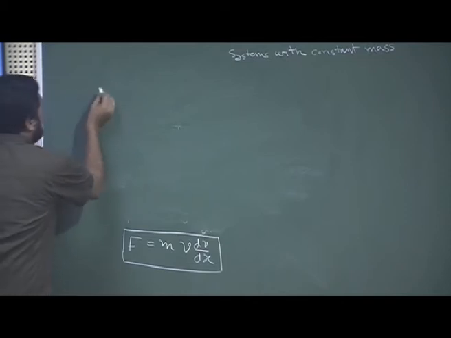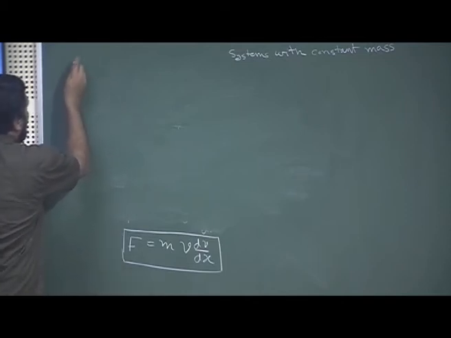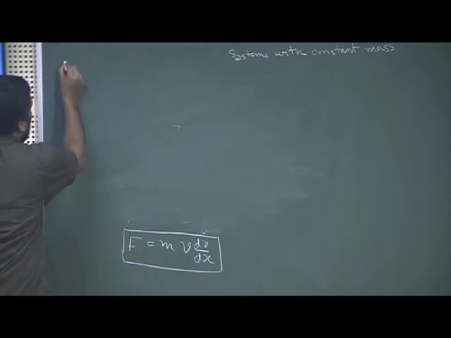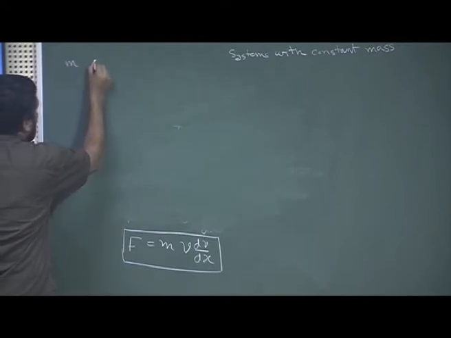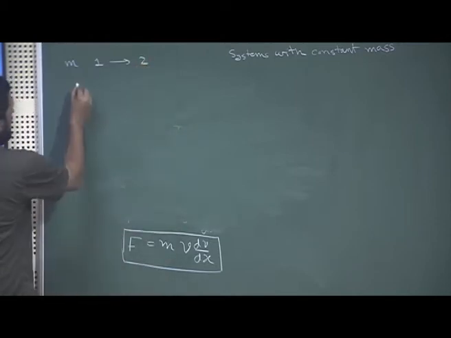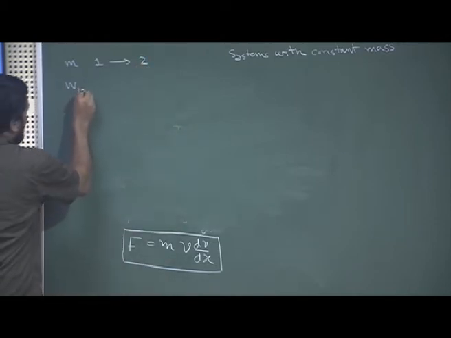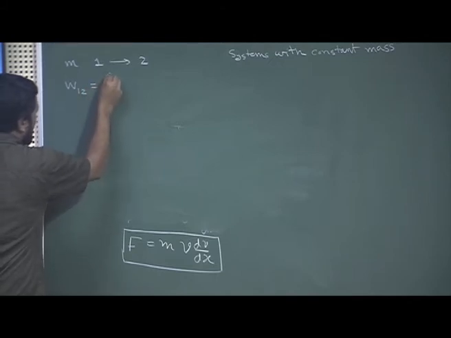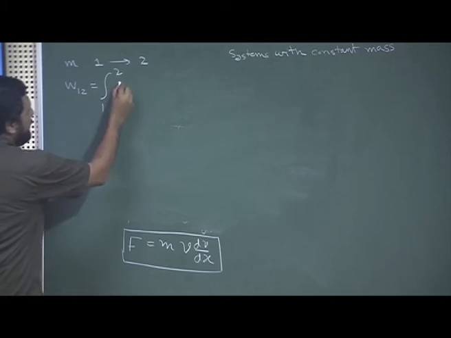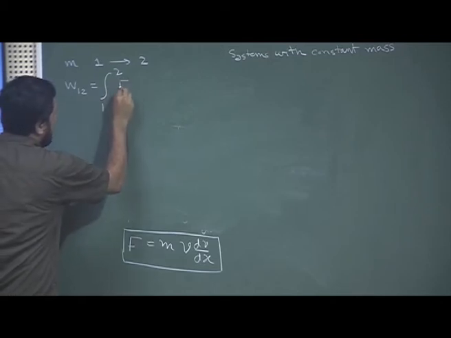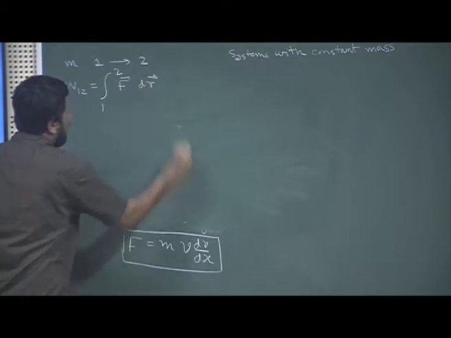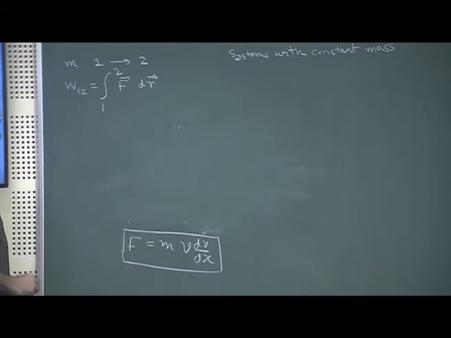Now, let us assume that one particle of mass m, which is again a system with constant mass, is moving from point 1 to point 2, and the work done, which can be written as W12, is, as we all know from the fundamental principles of mechanics, the integral of F dot dr. Okay.